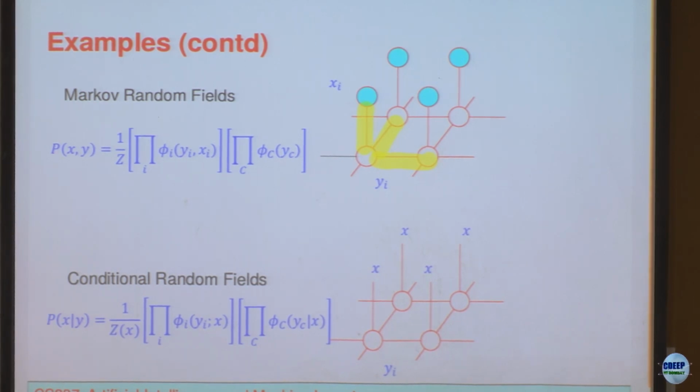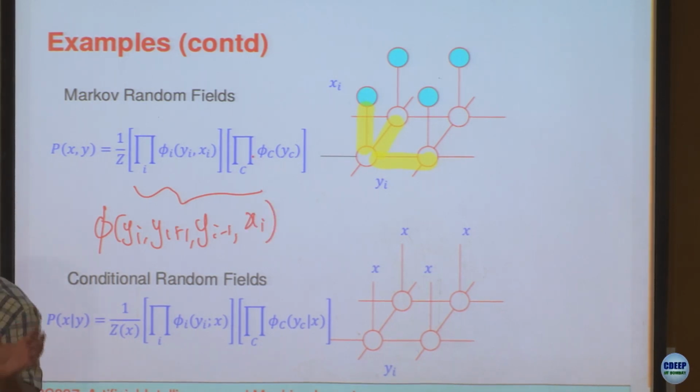Okay, so what you should have ideally had is a big clique with yi plus 1, say yi minus 1, its neighbors, and xi. Now that has been decomposed into two parts.